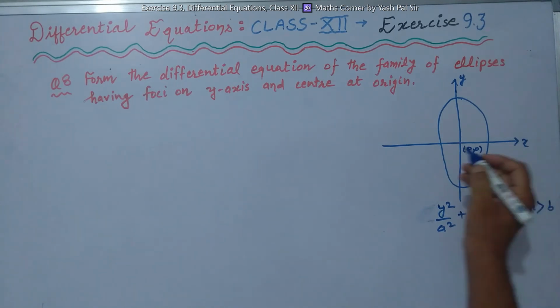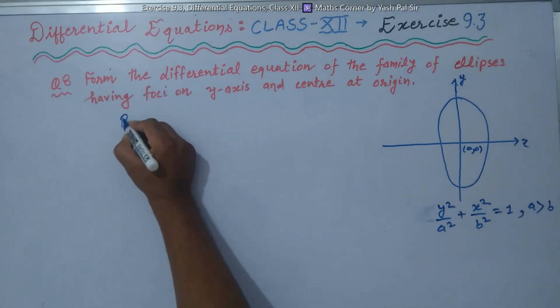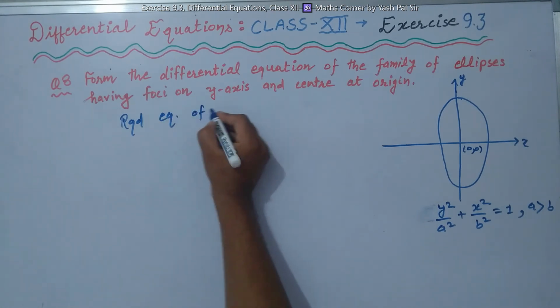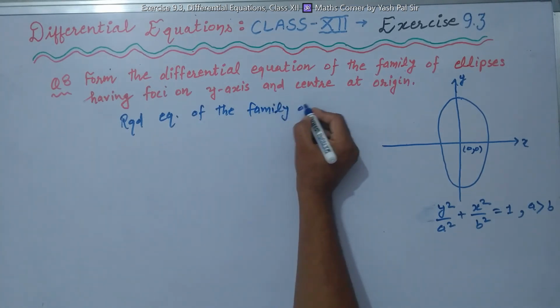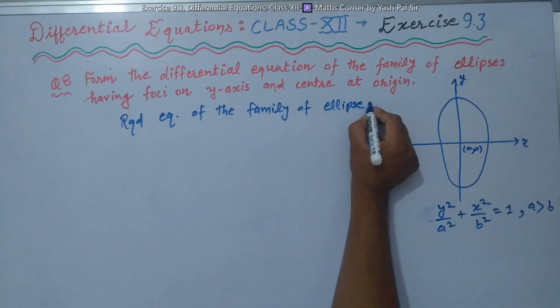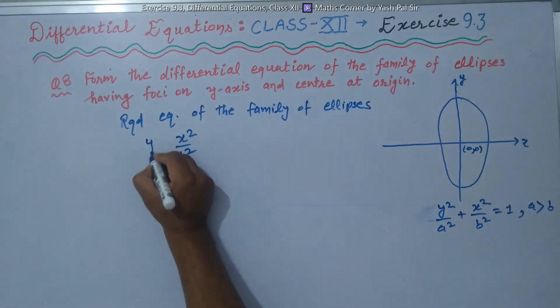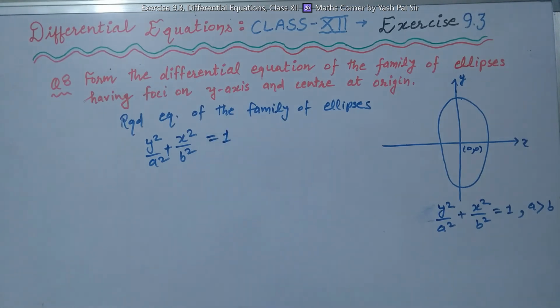Right? So what is our question? We are going to eliminate the arbitrary constants a and b. So firstly, writing here the required equation of the family of ellipses: x square upon b square plus y square upon a square is equal to 1.